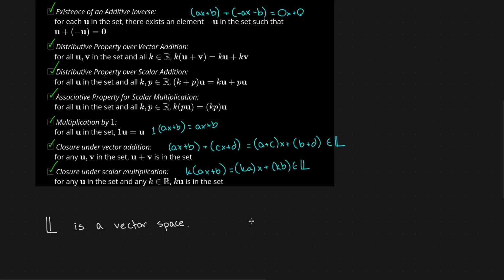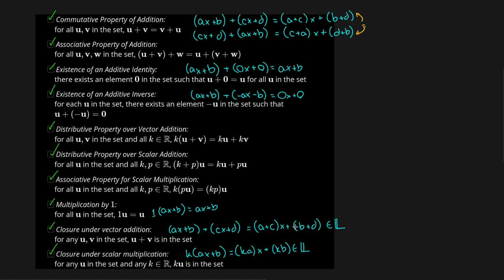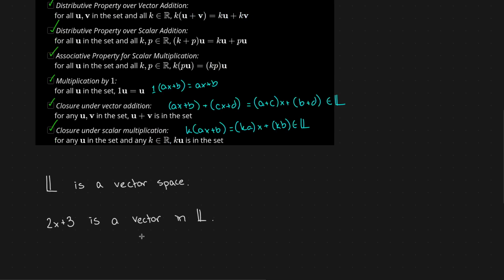Okay, and it means we can call all the elements of L vectors in this vector space. So for example, 2x plus 3 is a vector in vector space L. In this abstract sense, it is a vector because it's going to have all these properties that we're used to for our vector space Rn. So it's going to behave very like it, and it's going to have a lot of those same properties.